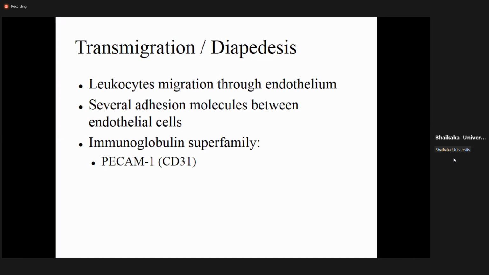There are several adhesion molecules present between the endothelial cells, but the important one is an immunoglobulin superfamily member, that is PECAM-1, platelet endothelial cell adhesion molecule, which helps in migration of leukocytes through the vessel wall.